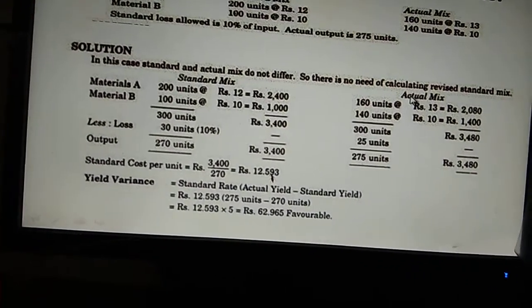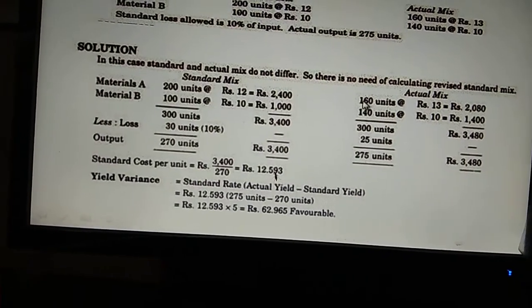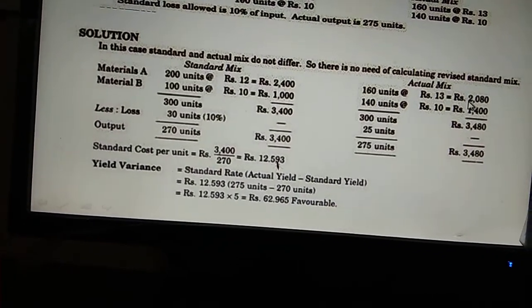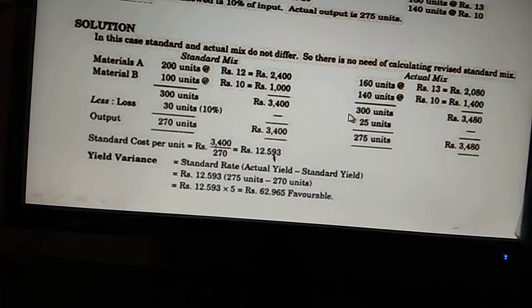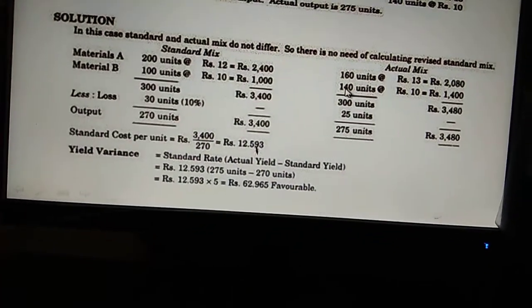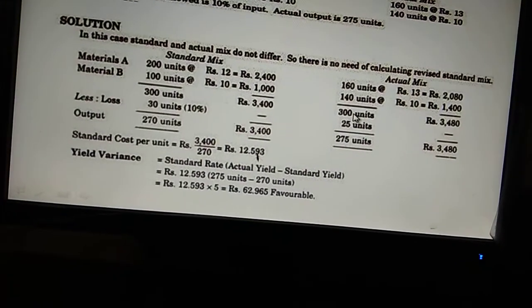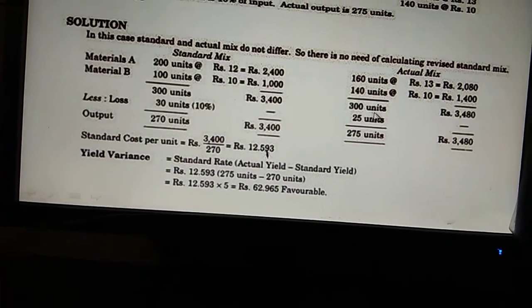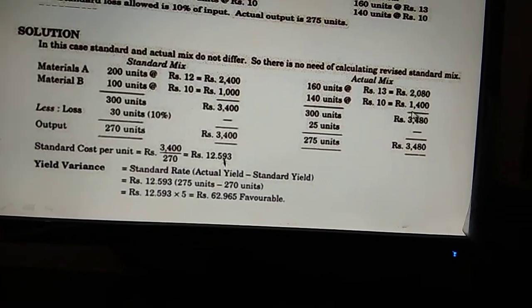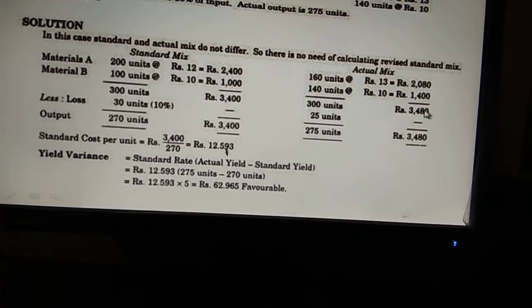Now we will calculate actual mix. 160 units into rupees 13 is 2,080, and 140 units of material B at rupees 10 is 1,400. Total here also we used 300 units and total cost is 3,480.